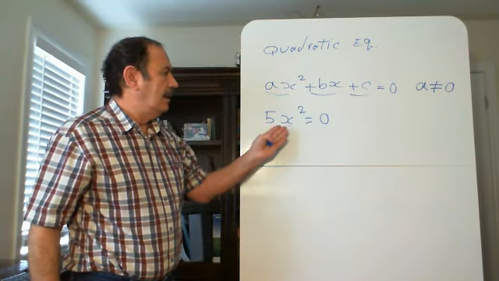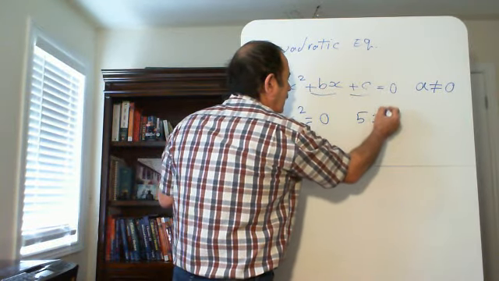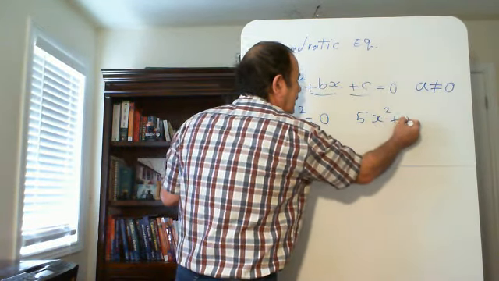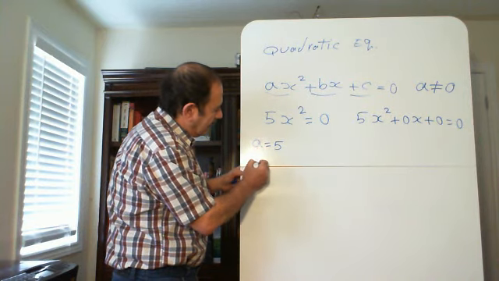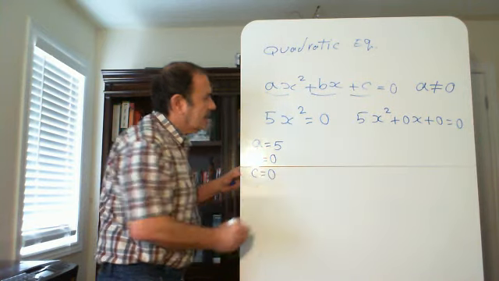What is b? b is 0, because I can rewrite this one as 5x squared plus 0x plus 0 equal to 0. These two are the same. 0 times any number is going to be 0, and this one is 0, so it doesn't change the equation. Actually, this one is the simplified format of this one. If we compare this one with the top, then a is 5, b is 0, and c is 0. So this one is a quadratic equation too.